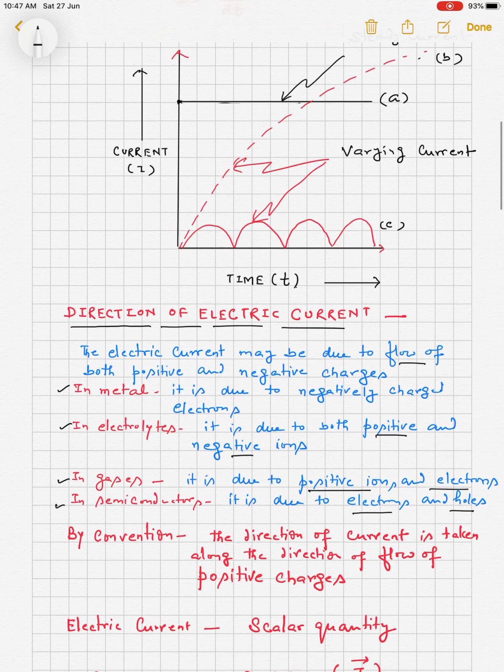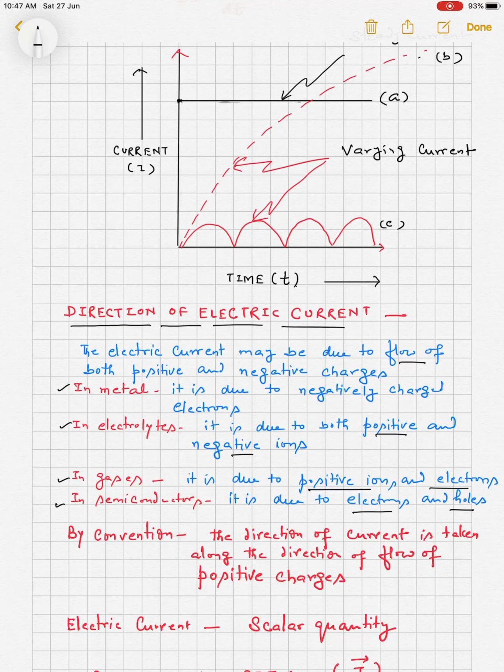Now, by convention, the direction of current is taken along the direction of flow of positive charges. Here we are considering convention, because the current is due to the flow of free electrons, but by convention we take the direction of flow of positive charge.